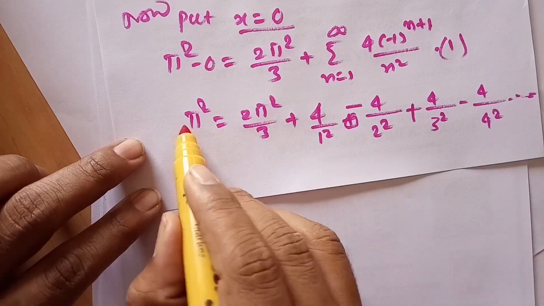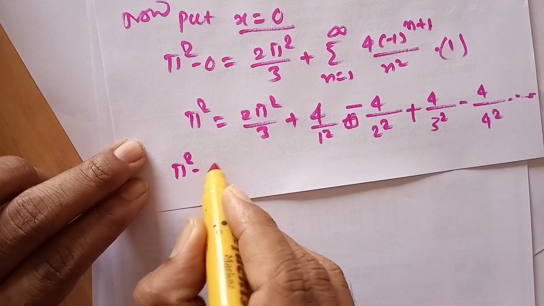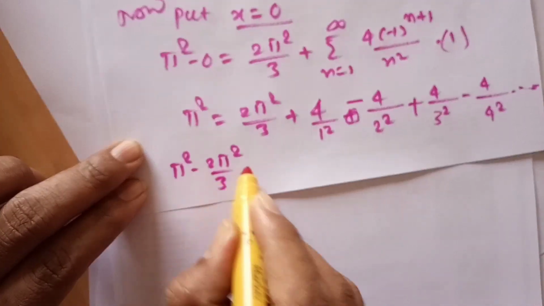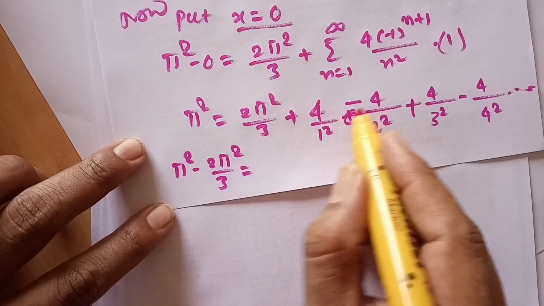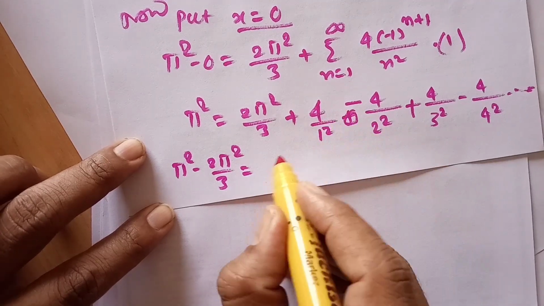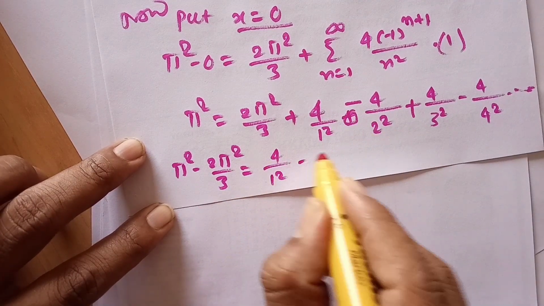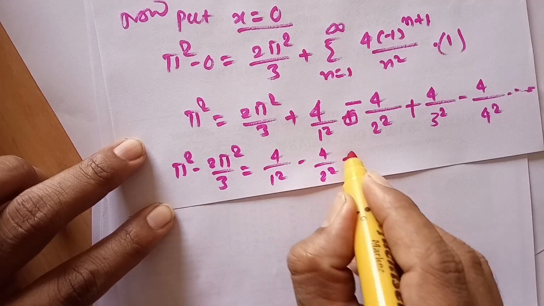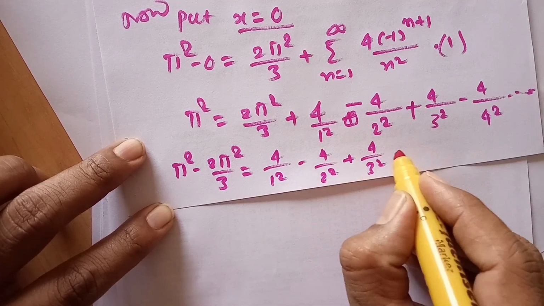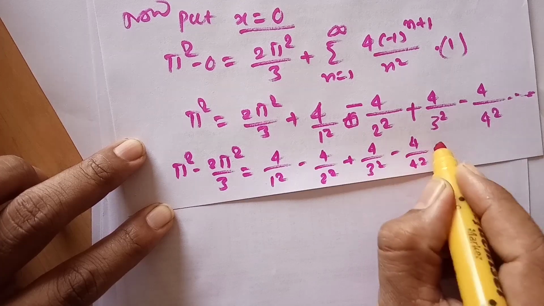Now I will take this term to this side. We will write here pi square minus 2 pi square divided by 3 is equal to, this 4 is common here. I will write here 4 divided by 1 square minus 4 divided by 2 square plus 4 divided by 3 square minus 4 divided by 4 square and so on terms.